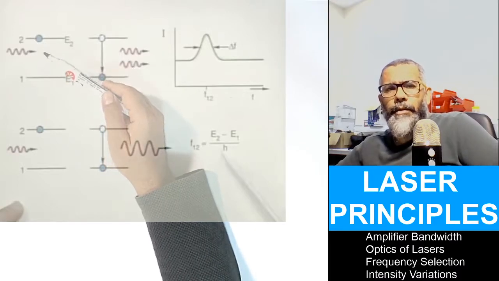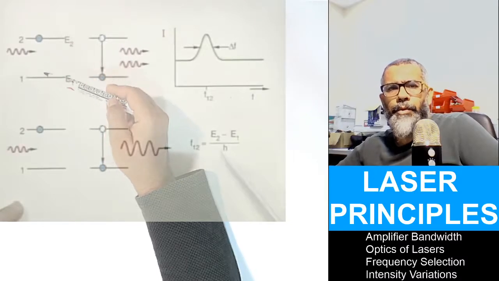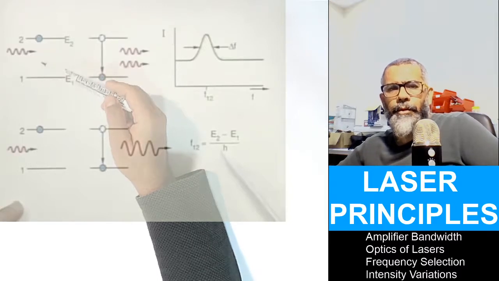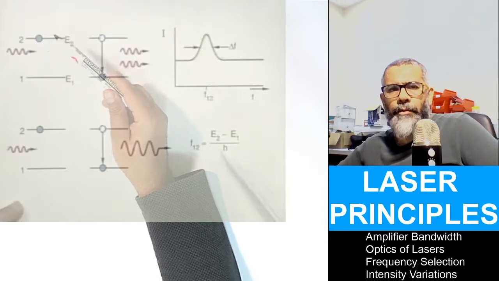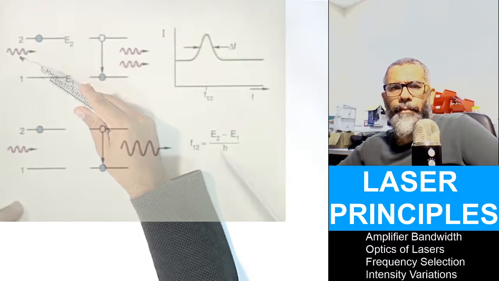The one thing is that this electron may still lose its energy, but this energy loss will produce a photon of some certain frequency which is not equal to the incoming photon's frequency.